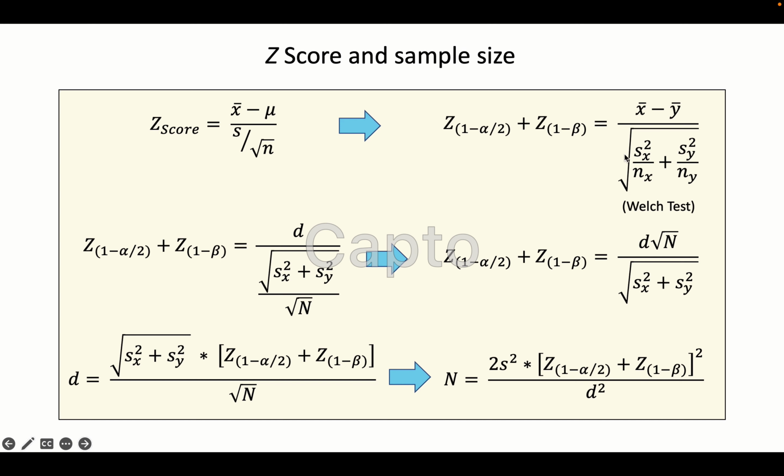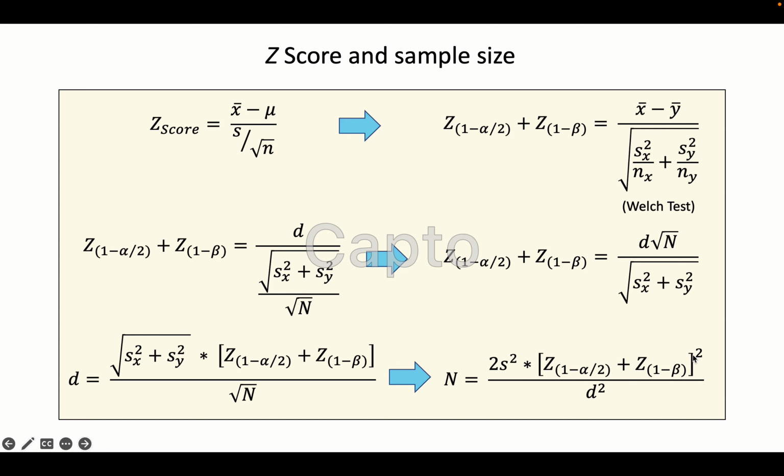If you do a little bit of rearrangement, you will come up with this formula, which means that for each group you will need 2 times the standard deviation times something a little bit complex at first, but I'm going to explain what I mean by this.